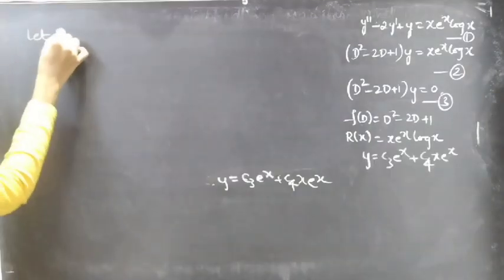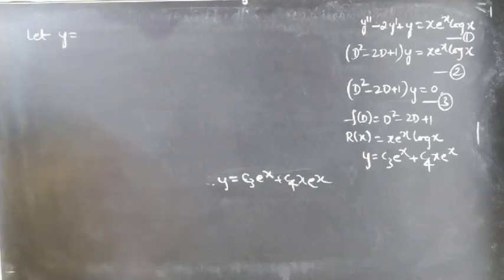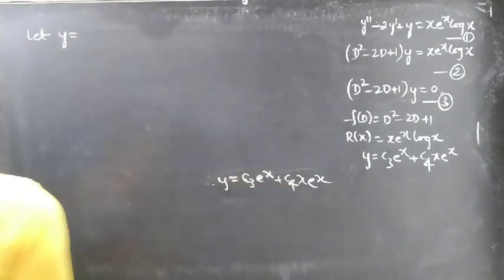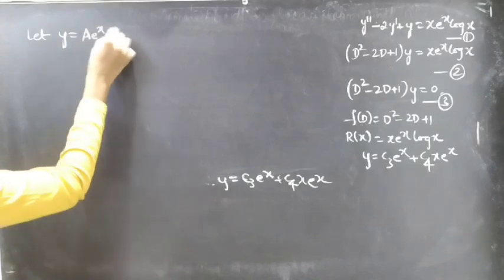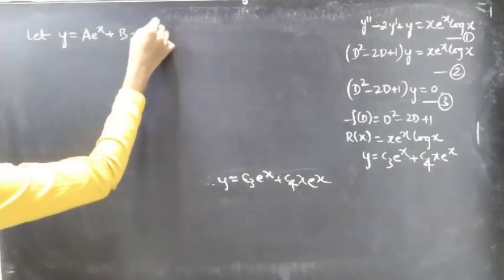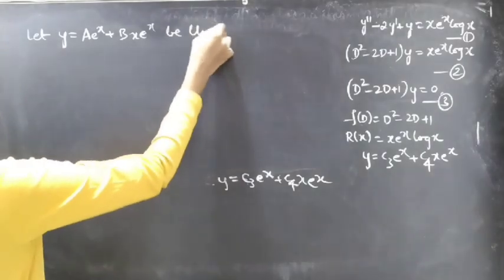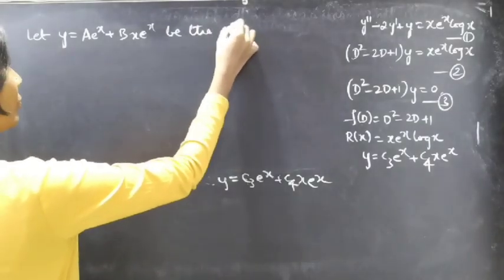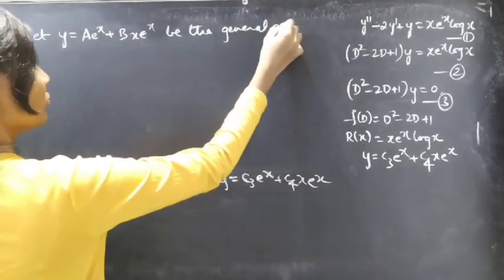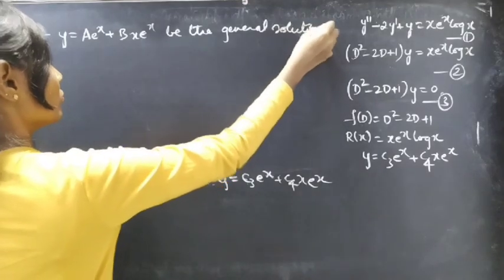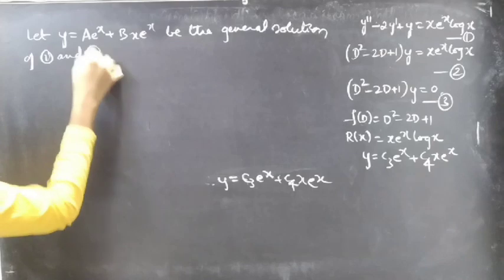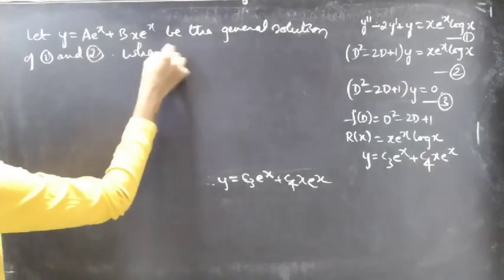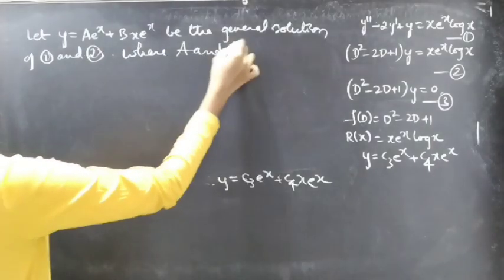Now replace the constants or parameters with some functions of x, a and b. We will get y equal to a e power x plus bx e power x, be the general solution of 1 and 2, where a and b are functions of x.